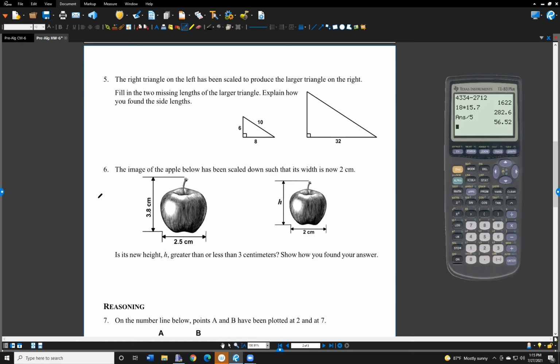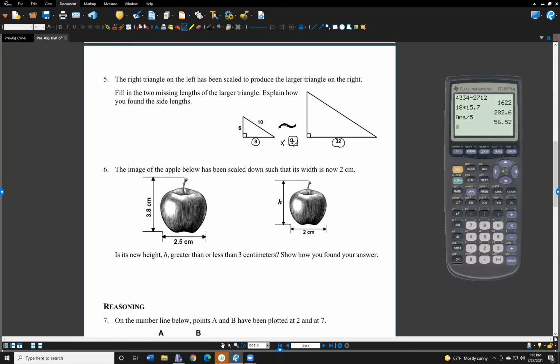All right, number 5. The right triangle on the left has been scaled to produce a larger one. This is similar, right? They have a right angle, constant of proportionality. Where is the corresponding side? These two sides are corresponding sides. We know that. You can find the scale factor, right? 8 times one number is 32.